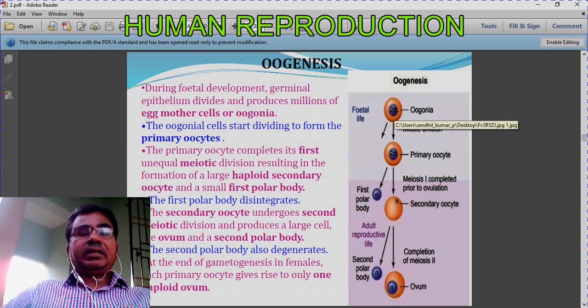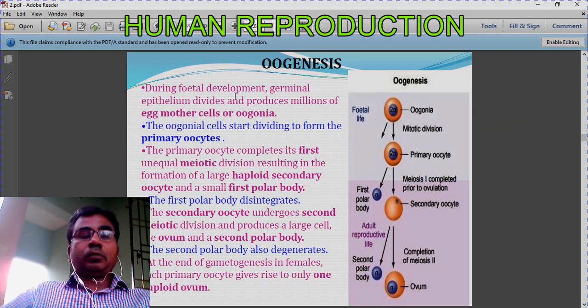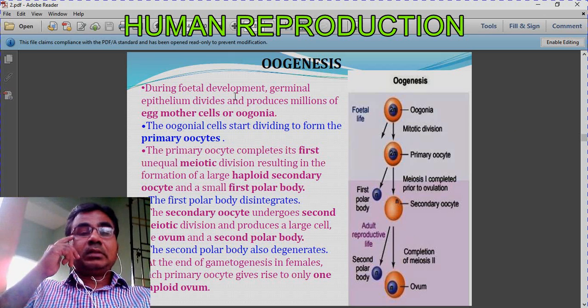When a female child is born, during development the germinal epithelium cells produce millions of egg mother cells, or oogonia. So oogonia are present from the birth of a female child.